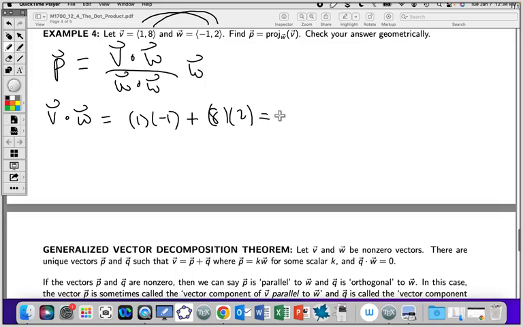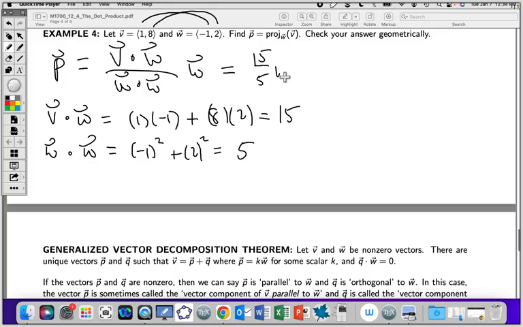So minus 1 plus 16, that's 15. W dot W: square the components and add them up. Negative 1 squared is 1, 2 squared is 4, so we get 5. So we get 15 over 5 W's, which would be 3 W's, which would be the vector negative 3, 6.